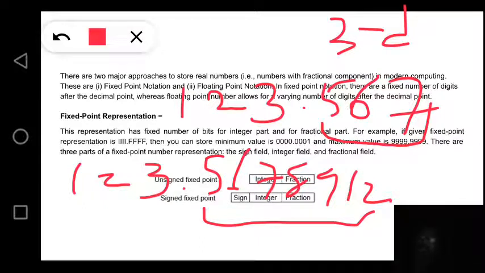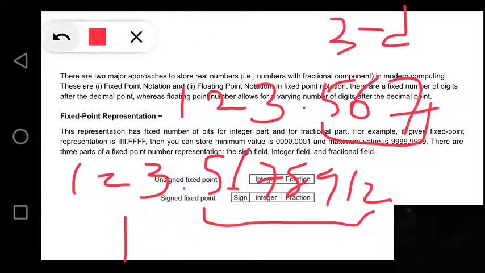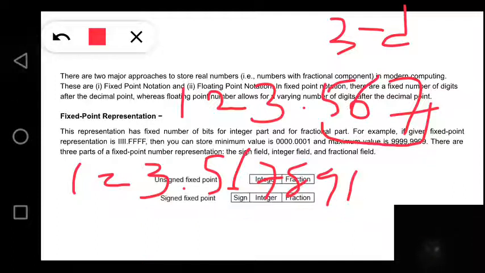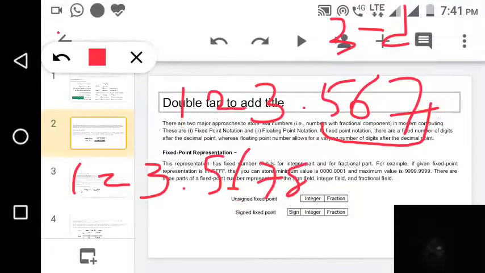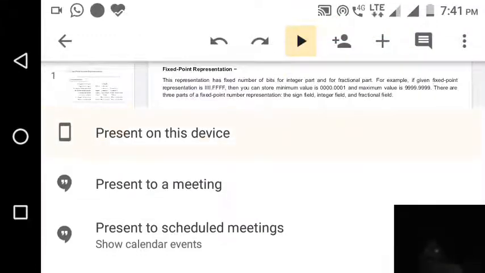It is called floating point. This is called fixed point. So what is fixed here? The number of digits after the decimal point is fixed here.